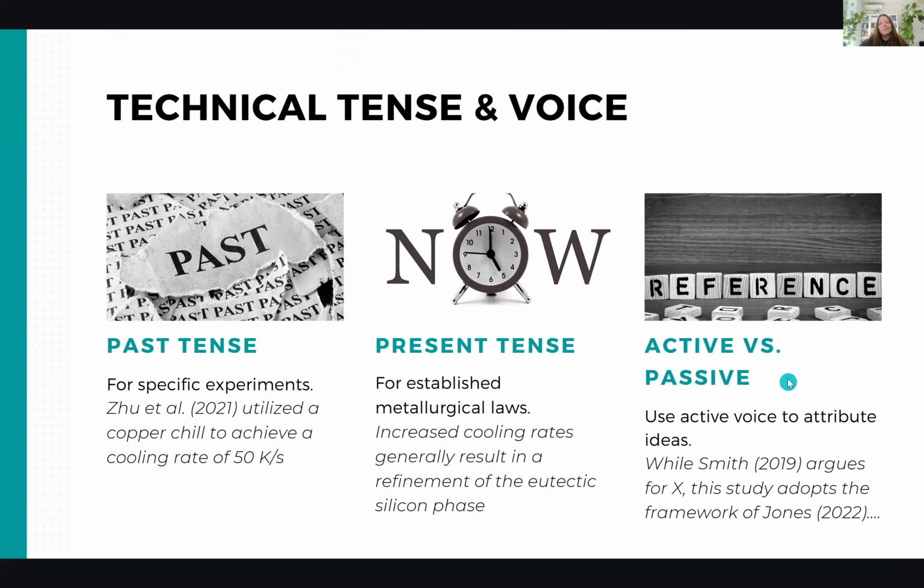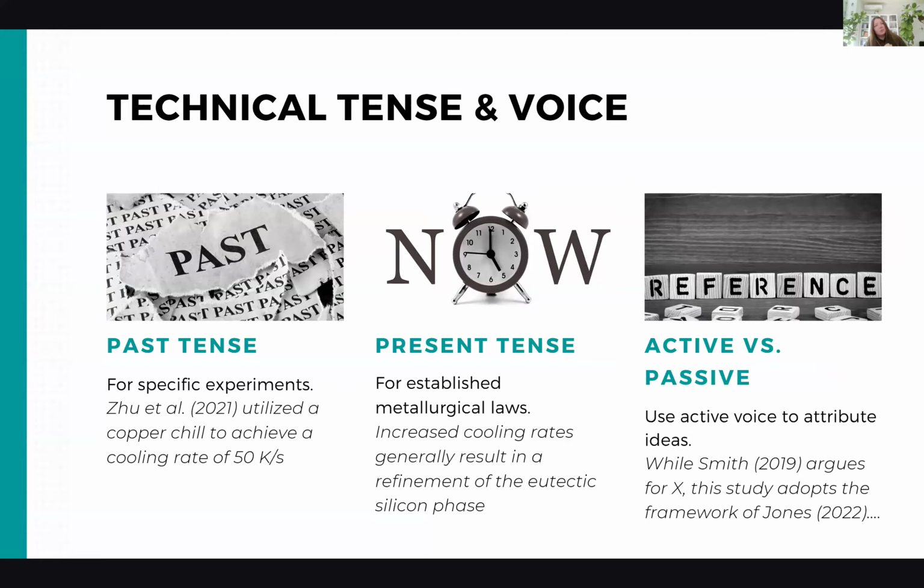So, in my experience, many students struggle with keeping to a technical tone or voice, and some use tenses all over the place. So, how do you keep your writing consistent?